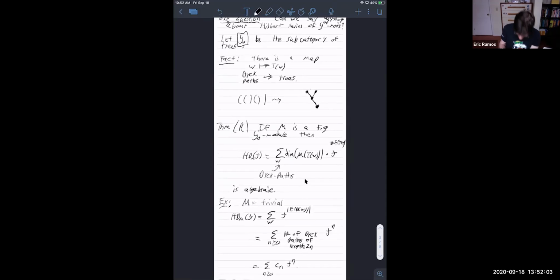So they fix the first Betti number, and they consider sums where you weight by the size of the automorphism group, and then you sum t to the number of edges. Something like this. So the weighting is by the number of automorphisms of the graph.